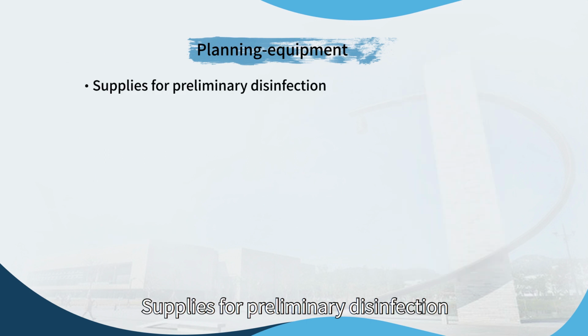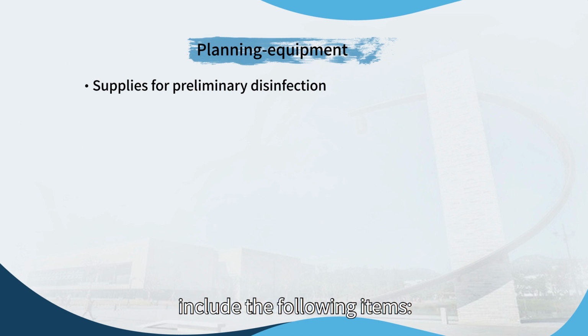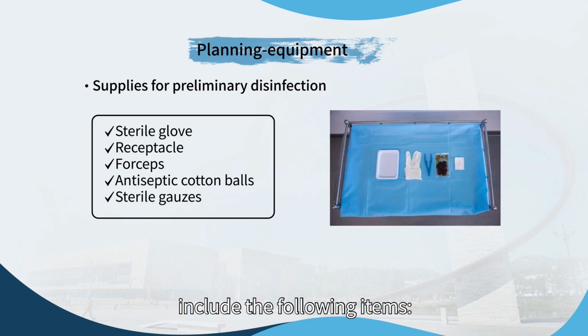Supplies for preliminary disinfection include the following items: sterile glove, receptacle, antiseptic cotton balls, forceps, and sterile gauzes.